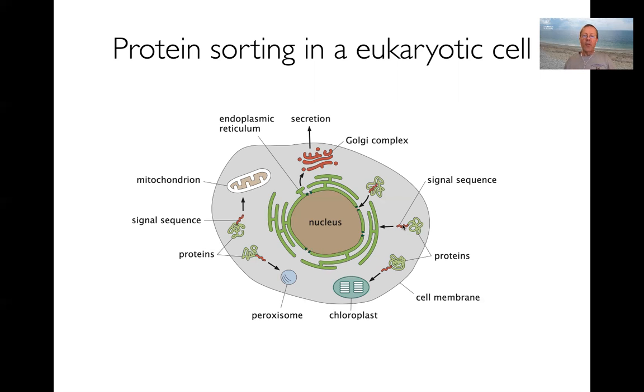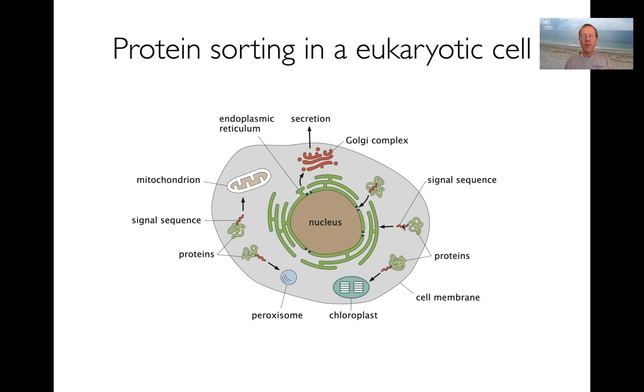So one obvious problem in bioinformatics would be to take the amino acid sequence of a protein and look for one or other of these targeting signals, to be able to predict just from the protein sequence where the protein is likely to end up in the cell. And this is called signal peptide or targeting protein sorting prediction.